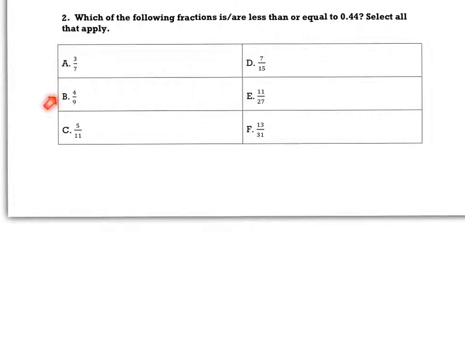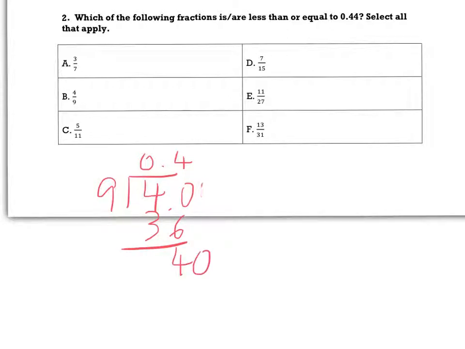I'm going to pick B here to show you as an example. So if you convert B, 4/9, you put the numerator 4 inside, 9 outside. 9 does not go into 4, but 9 goes into 40 4 times. So you get 36. And then you can already see a pattern.